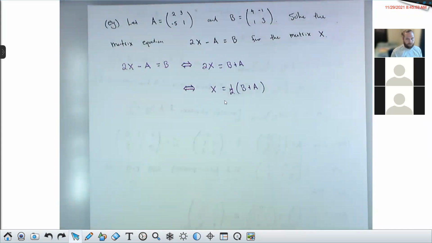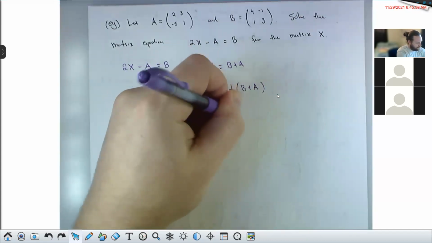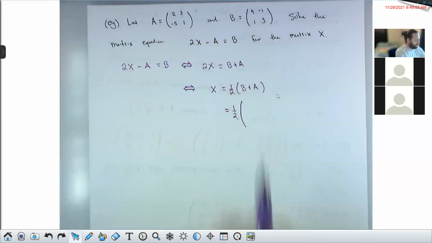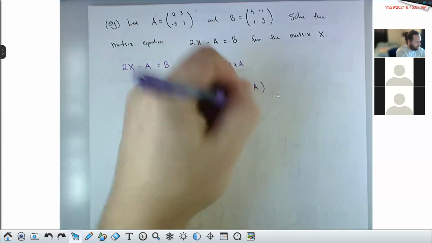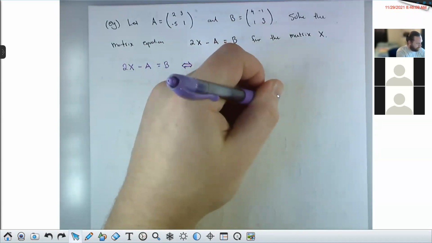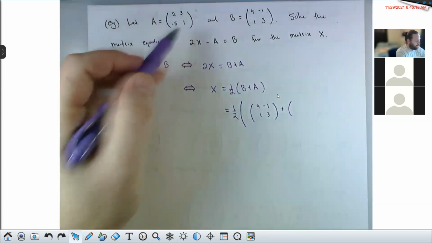And now I can write this thing down. This is 1/2 times, well, what's the matrix B? The matrix B is 4, -1, 1, 3. Plus the matrix A is 2, 3, -5, 1.